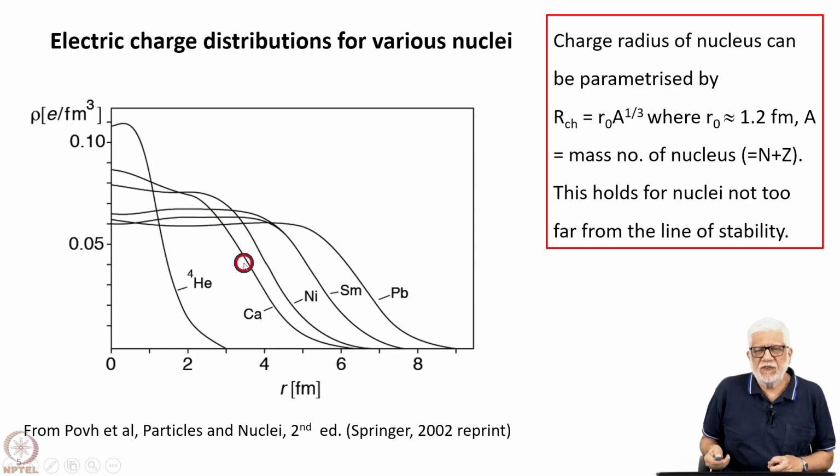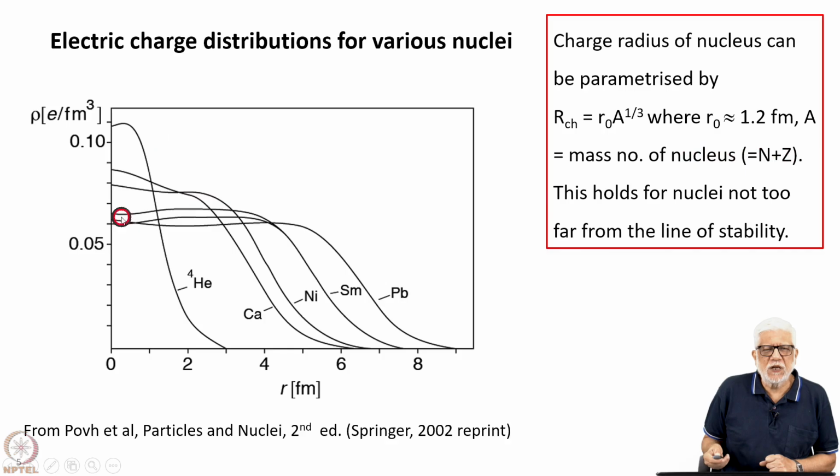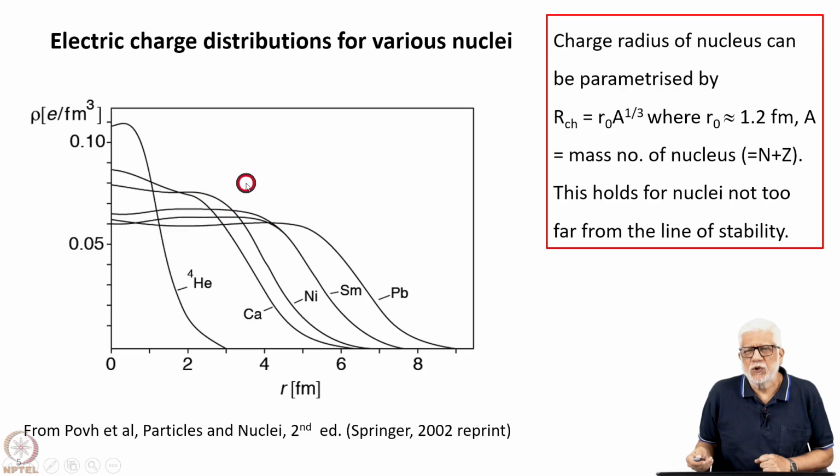Okay. And in fact, that can be parameterized. The charge radius goes as something like r 0 times A to the power of 1/3, where A is the mass number of the nucleus, which is just N plus Z, the number of neutrons plus the number of protons. For most stable nuclei, the Z by A ratio varies from about half to about 0.4 or so.